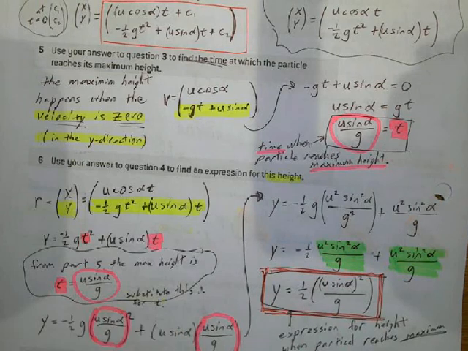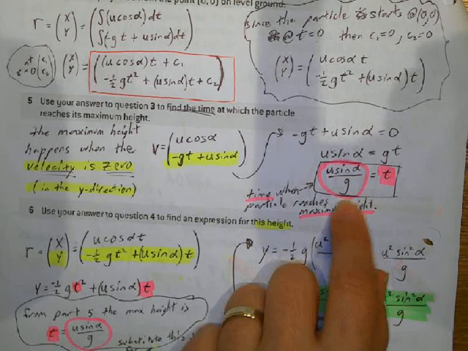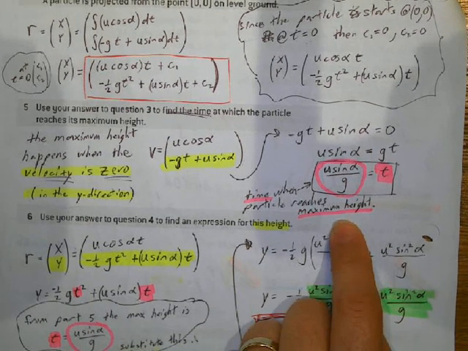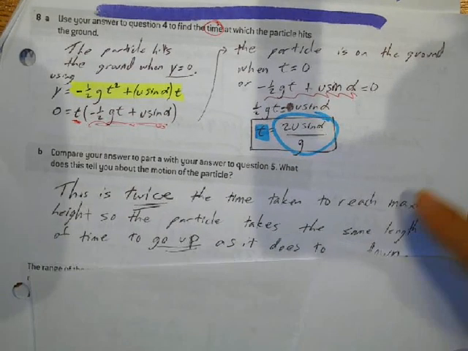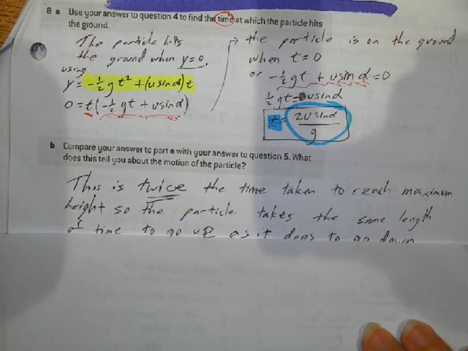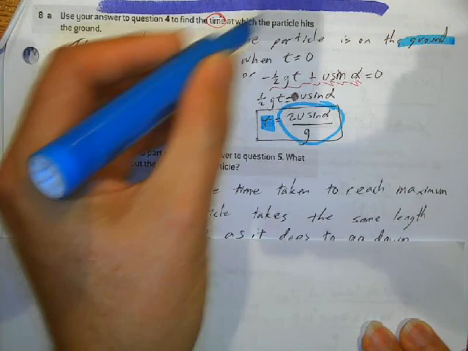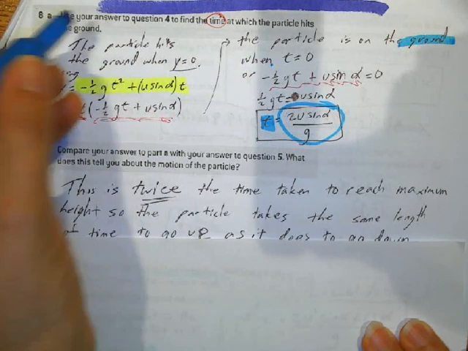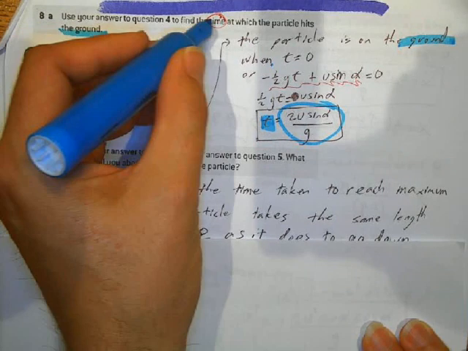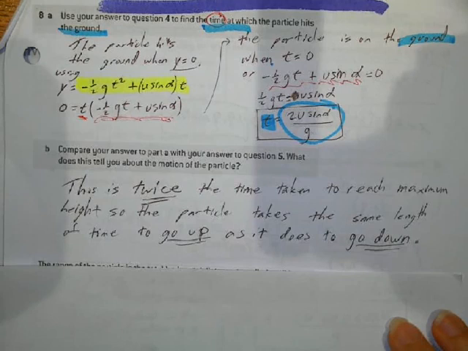And over here, we found that it was u sine alpha over gravity, and this is the time to reach the maximum, right? So the time to reach the ground again is going to be multiplied by 2. The time it takes to reach the ground is going to be this. Okay, so you might want to hit pause if you want to copy this down.